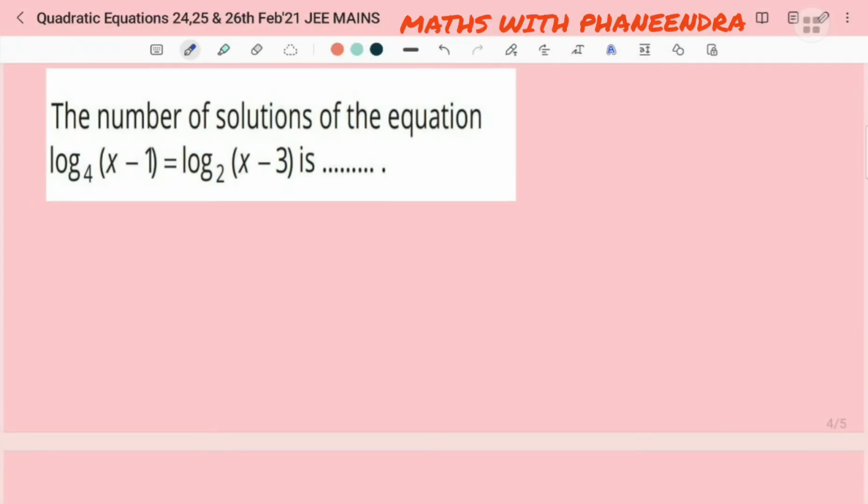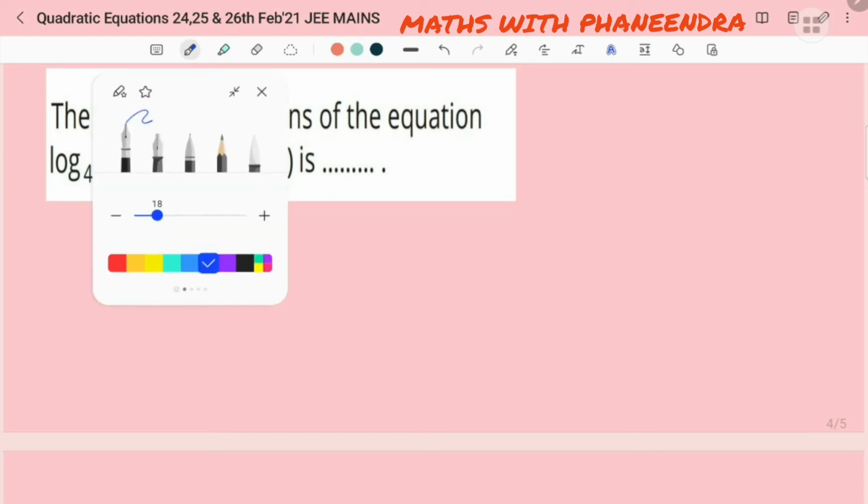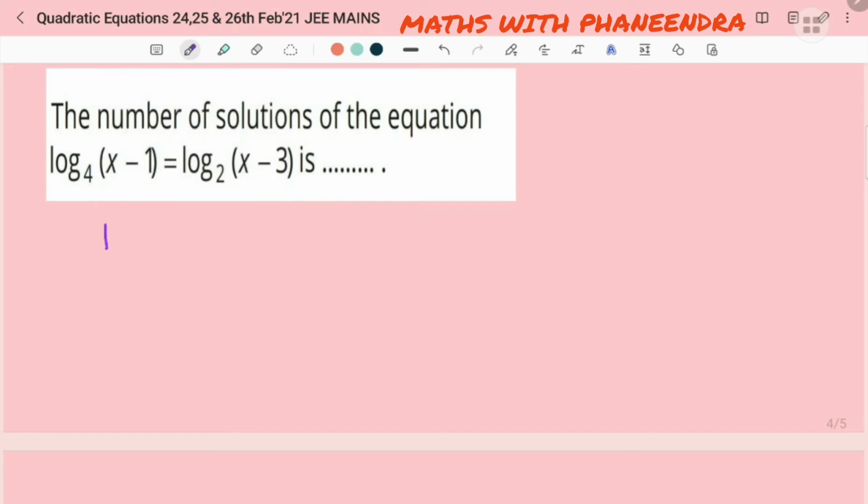The next question, it is an integer type question, dear students. The number of solutions of the equation log of x minus 1 to the base 4 equal to log of x minus 3 to the base 2. So first, the given equation is log of x minus 1 to the base 4 is equal to log of x minus 3 to the base 2.